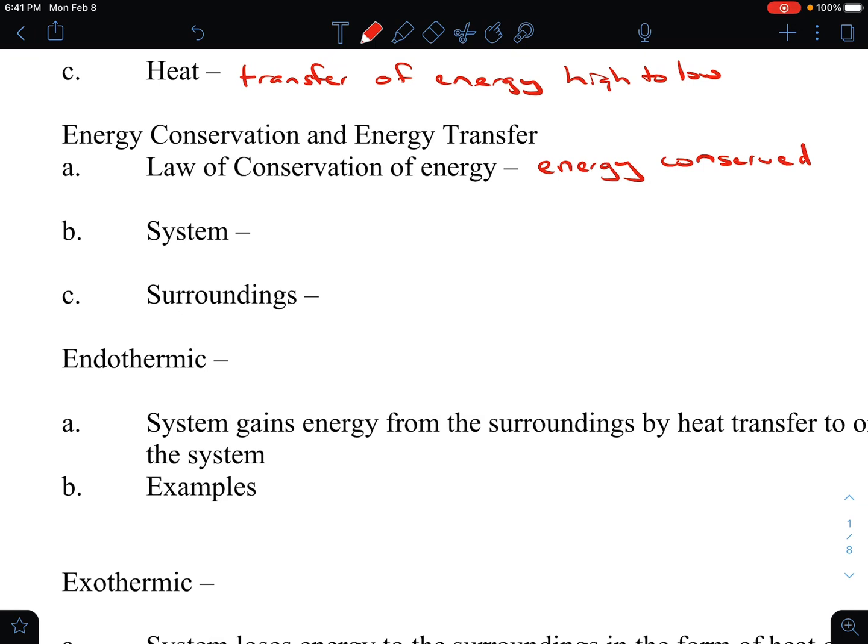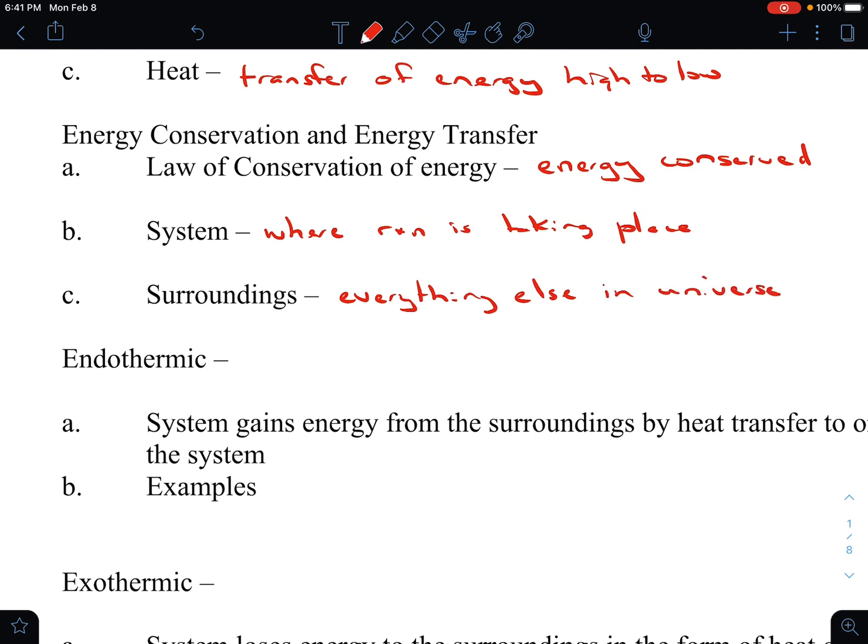System is where the reaction is taking place. Everything else then is our surroundings, and this actually includes everything else in the universe. So that's pretty big. But that'll make a little bit more sense when we talk about entropy a little bit later. So we'll come back to that.